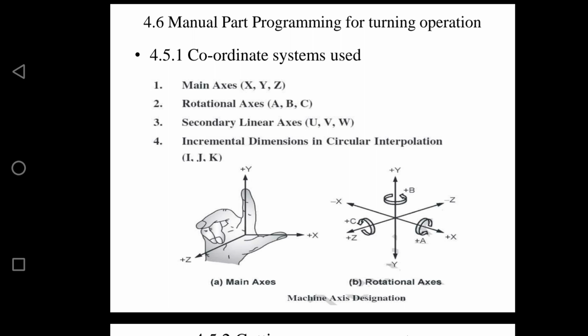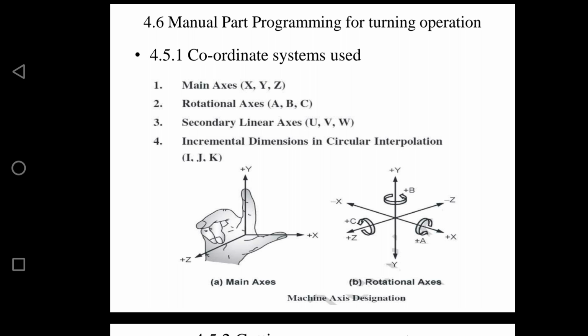Finally, we come to the incremental dimensions in circular interpolation, represented by the letters I, J, and K. I is used as the incremental dimension in the x axis during circular interpolation. Let's say I have a workpiece of 50 by 50 mm and I want to cut it at one side. That is called circular interpolation.